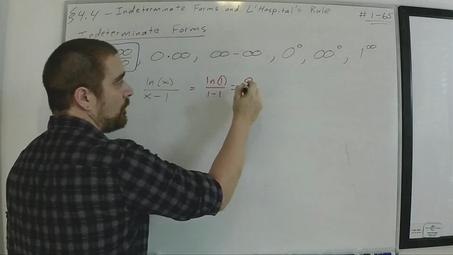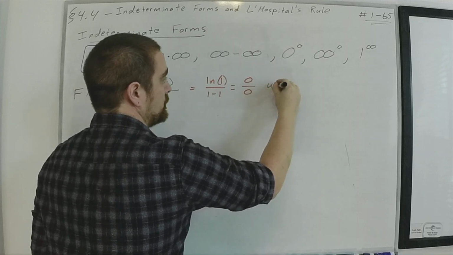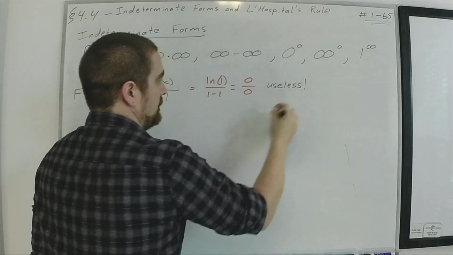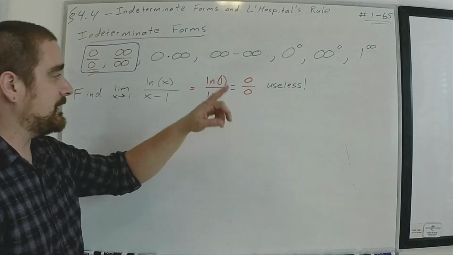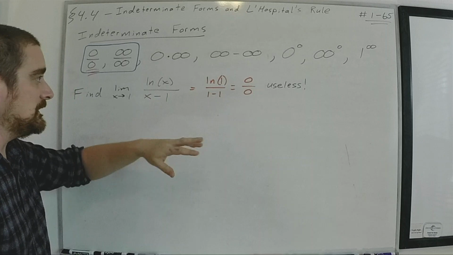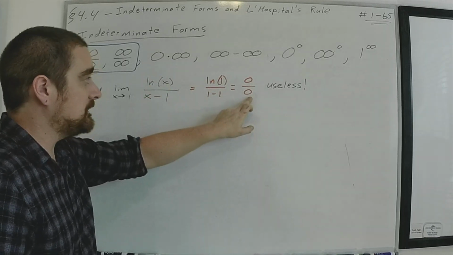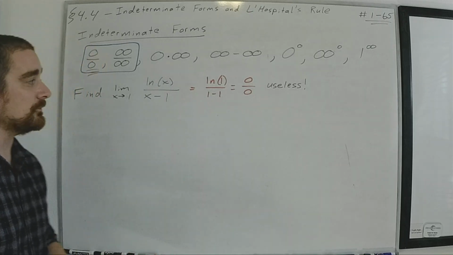This gives no information. This is basically useless. This does not say the limit's 0. This does not say the limit's 1. This does not say the limit does not exist or is infinity. This is useless information other than the fact that it immediately tells you, go use L'Hopital's rule.